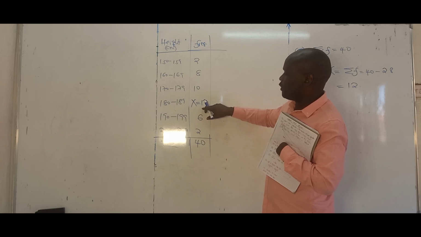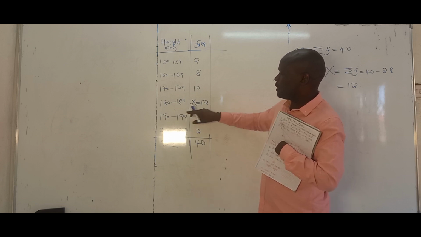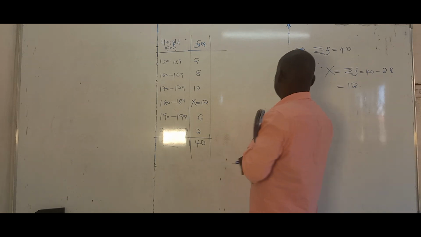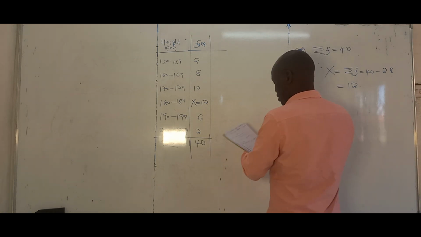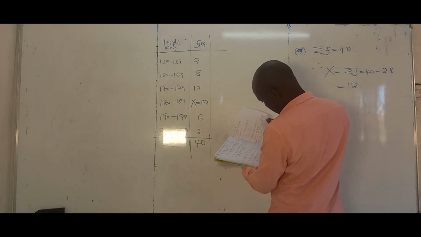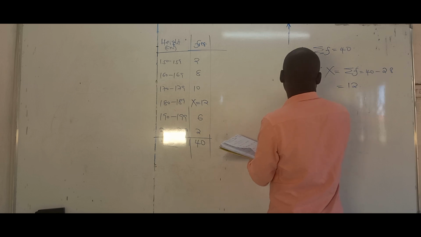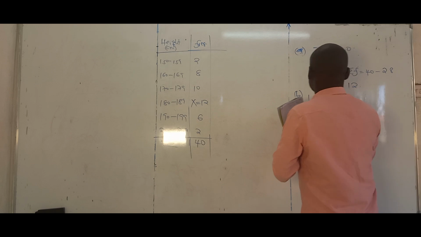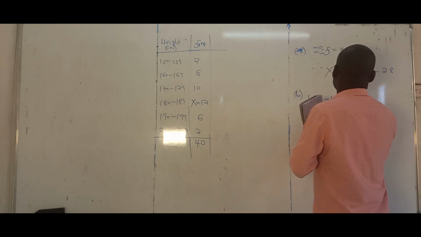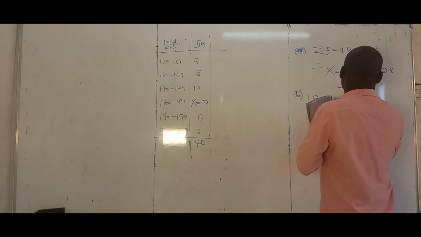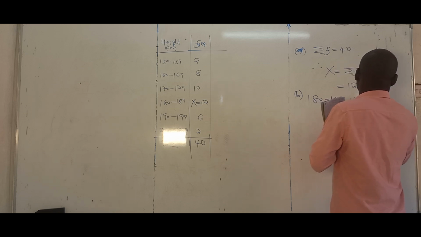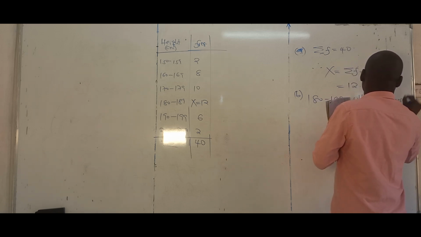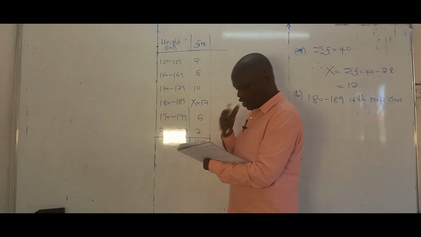So it means that the modal class is 180 to 189. So that is part B: 180 to 189 is the modal class.